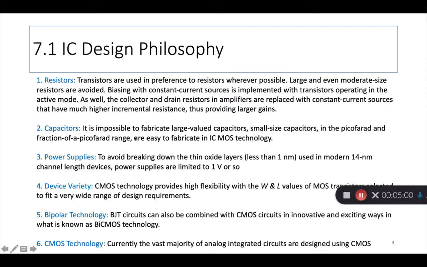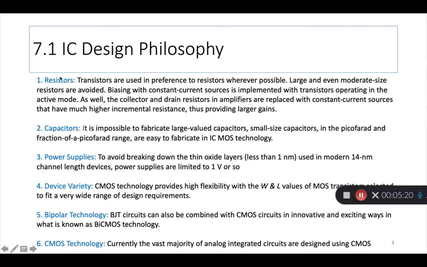Anyway, these 6 items are the differences in how resistors are used in discrete transistor circuits versus IC transistor circuits.